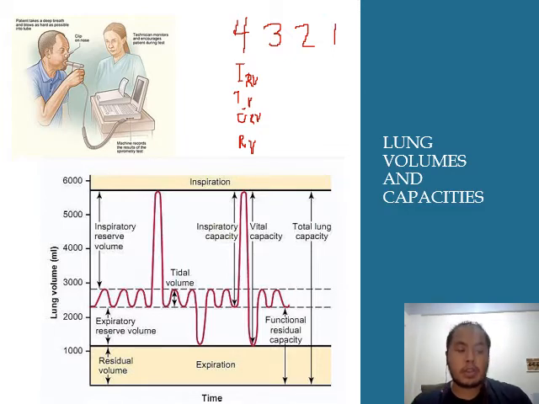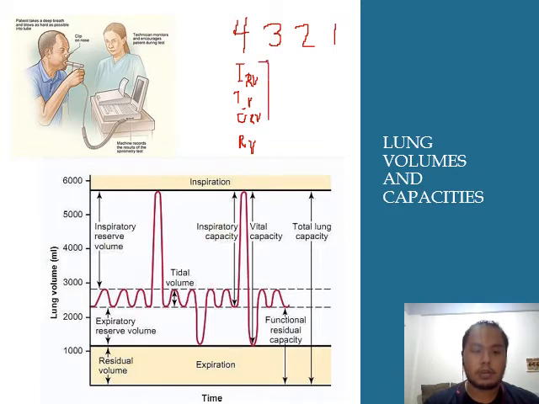The first 3, doon sa tatlo, this is going to be your VC, or forced vital capacity. Vital capacity, forced vital capacity, same lang. The first 2, IRV and TV, no? This is your IC. And then ERV and RV, no? This is your FRC.